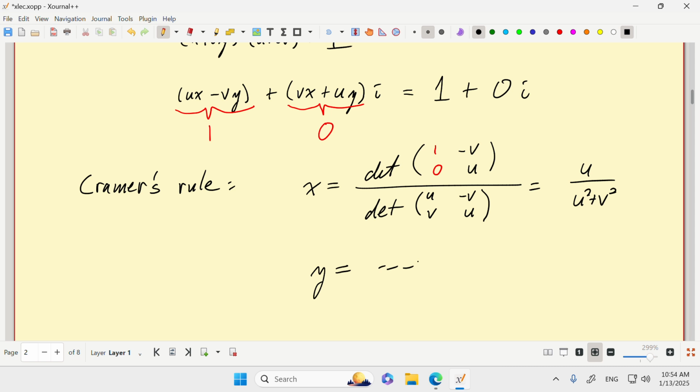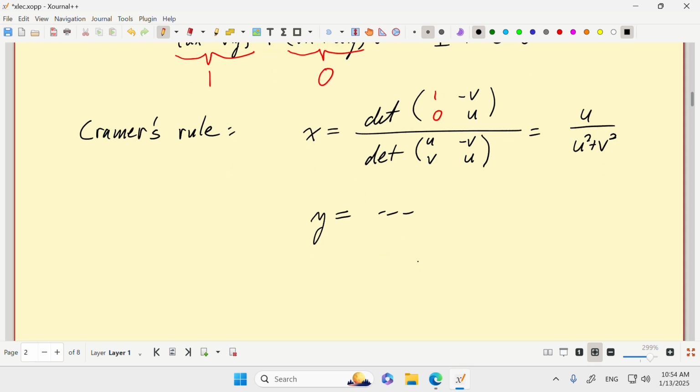What's interesting is that the determinant in the bottom is u squared plus v squared. So if that's a non-zero complex number, that determinant is non-zero. And so you would see that the inverse of u plus iv, if it's not 0, is unique. That's a very important part of being a field.